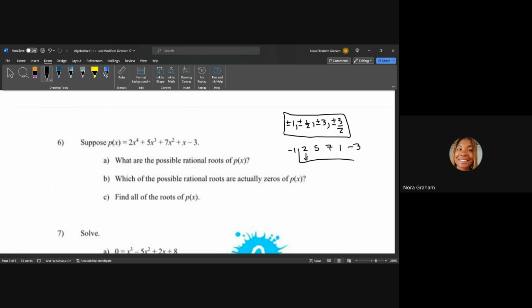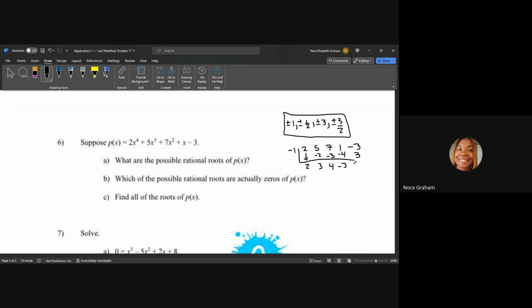So I drop my first term down. That becomes 2. 2 times -1 is -2. 5 minus 2 is going to give me +3. 3 times -1 is going to give me -3. 7 minus 3 is going to give me 4. 4 times -1 is going to give me -4. 1 plus -4 is going to give me -3. -3 times -1 is going to give me +3.